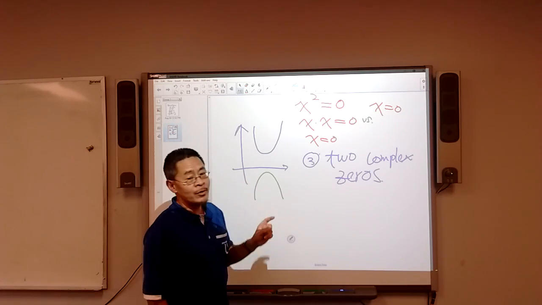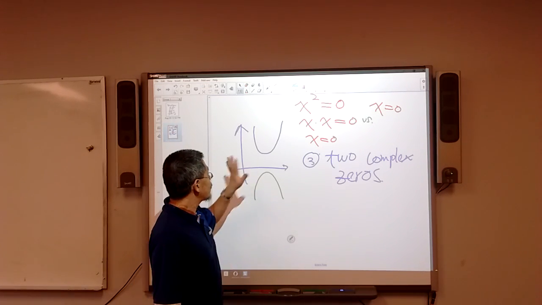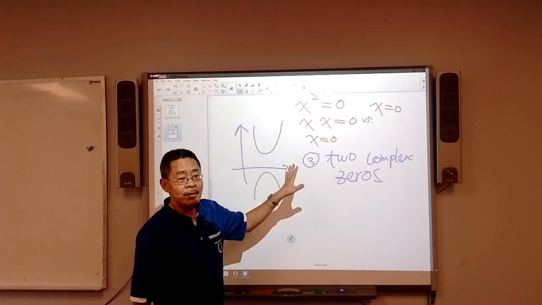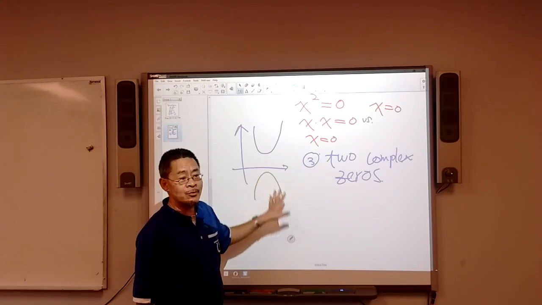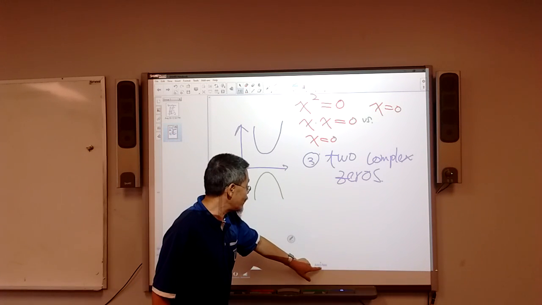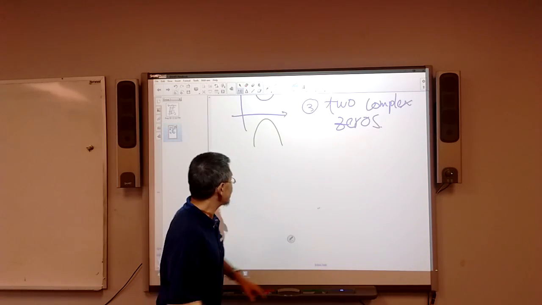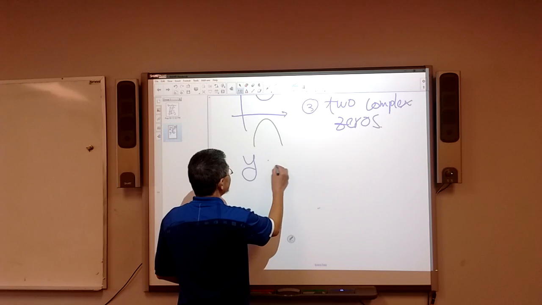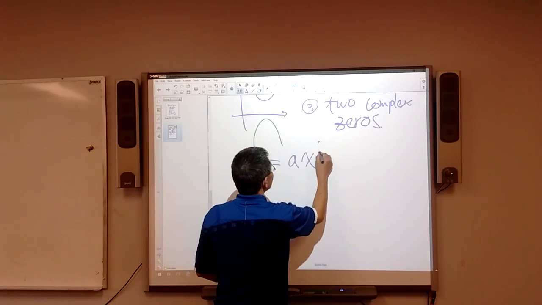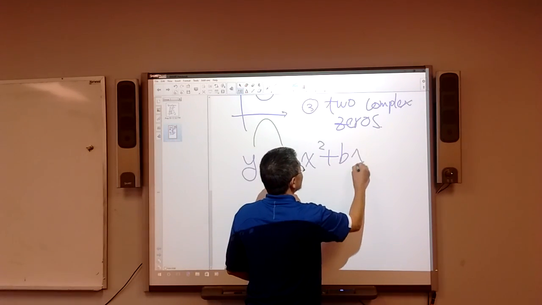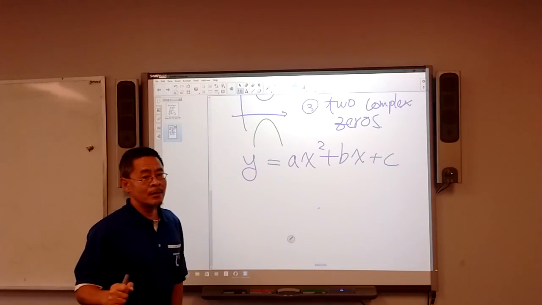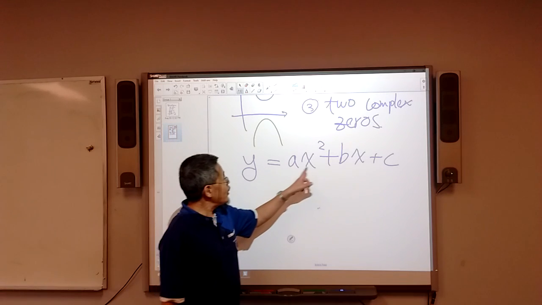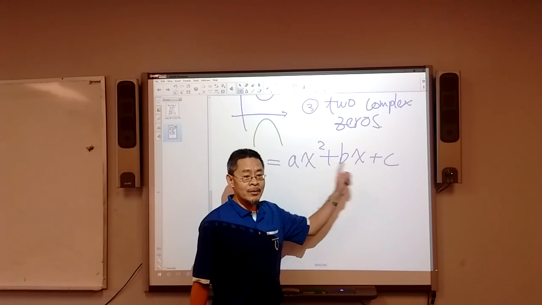So now, how do we know they don't have real zeros? Graphing it is easy, right? Once we graph it, we know that there's no real zeros. But how do we tell from this form, just based on A, B, and C? And by the way, A, B, C are all real numbers.